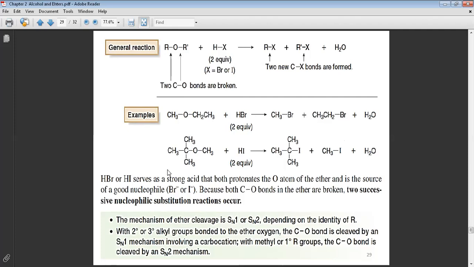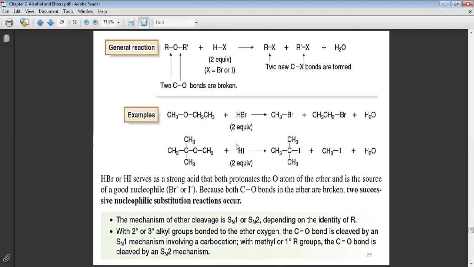And here he said HBr or HI serves as a strong acid, giving the proton that protonates the oxygen atom of the ether, and is the source of the good nucleophile, Br minus or I minus.